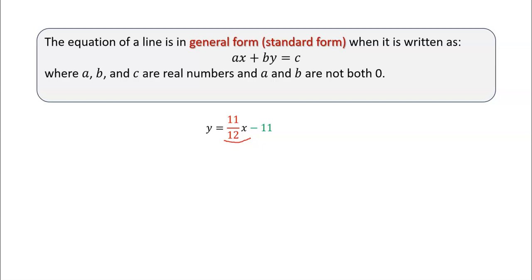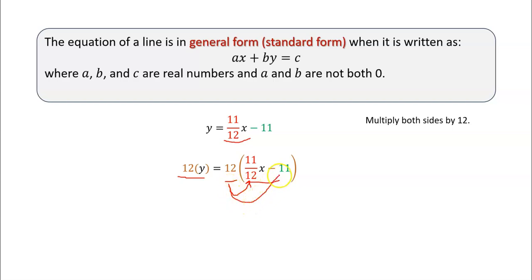I can do it in different ways. We can start by getting rid of the fractions, so I can multiply both sides by 12. Here I get 12 times y, and here I get 12 times the whole term. So 12 times 11 over 12 x, and 12 times minus 11. I get 12y is equal to 11x minus 132.